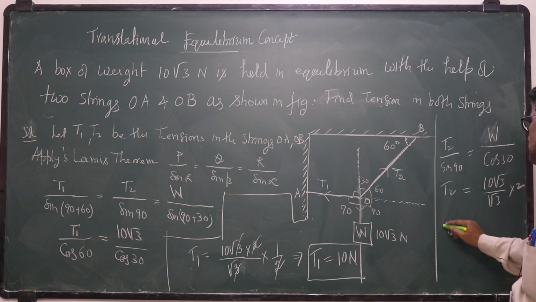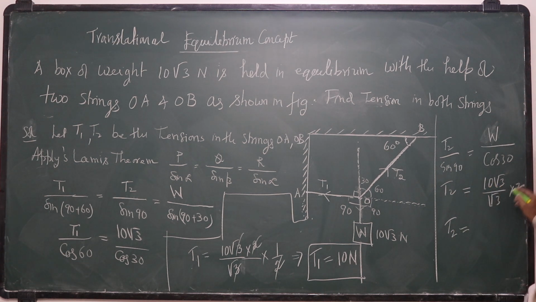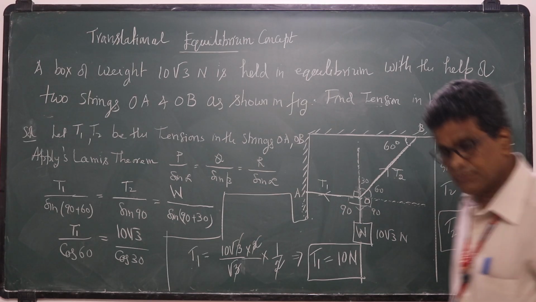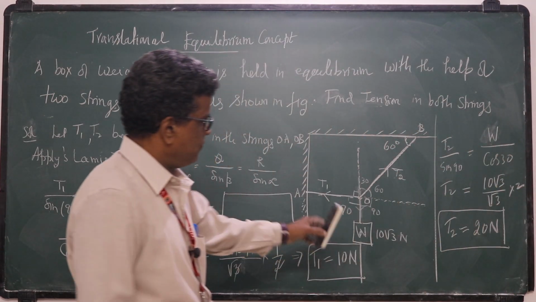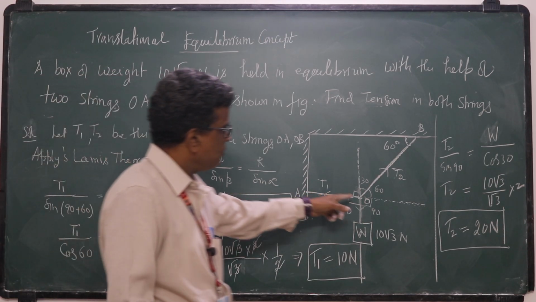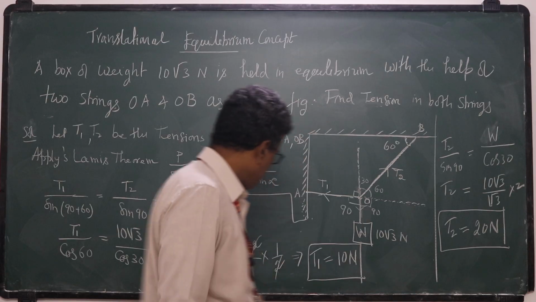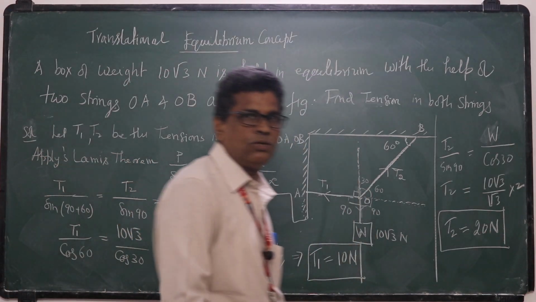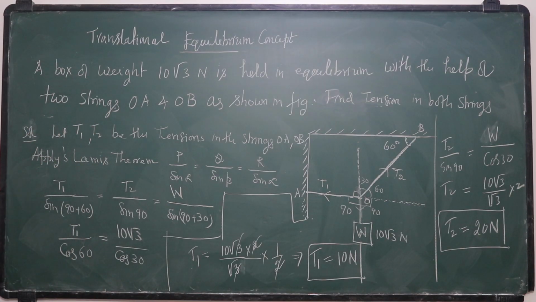Root 3 cancels, so T2 is 10 into 2, 20 newtons. So I got the tensions in the strings OA and OB: T1 as 10 newtons and T2 as 20 newtons. Clear?